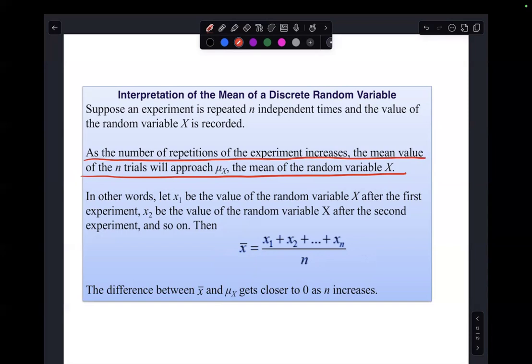What I would love for you to say is something like: if we did many trials, it would approach that value.